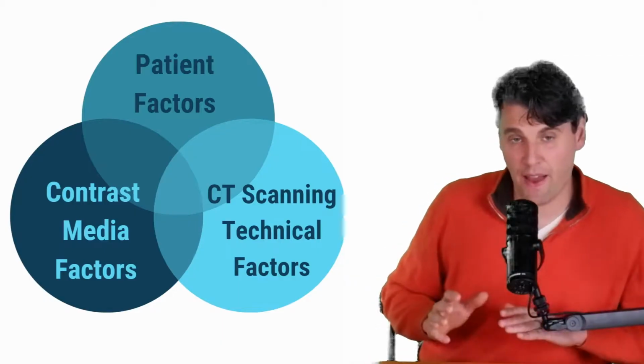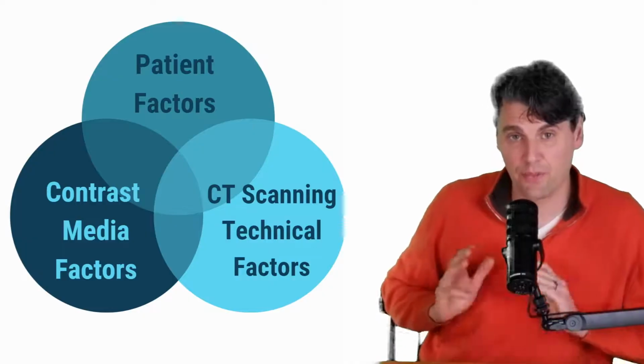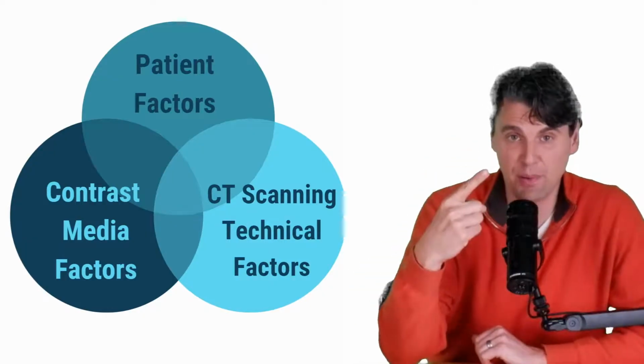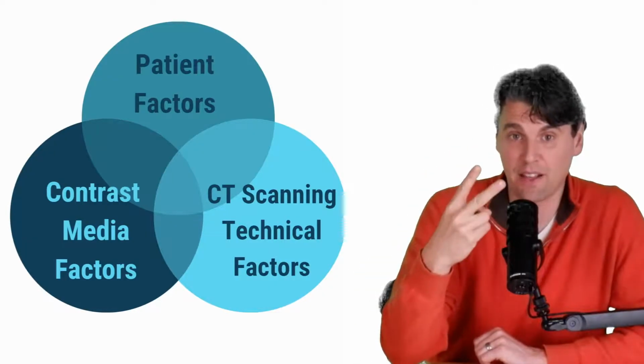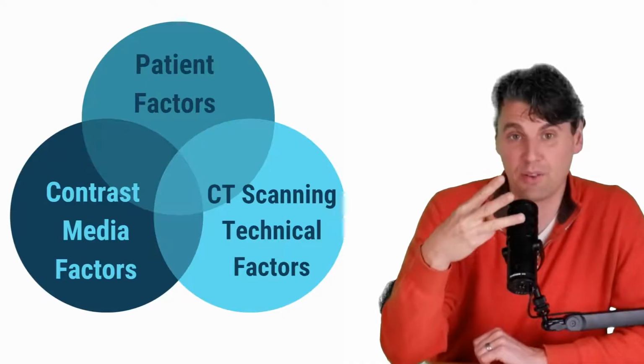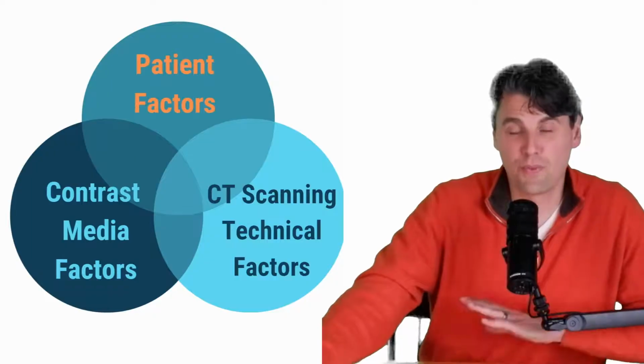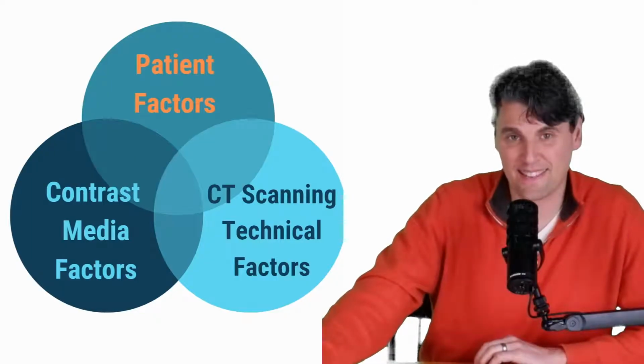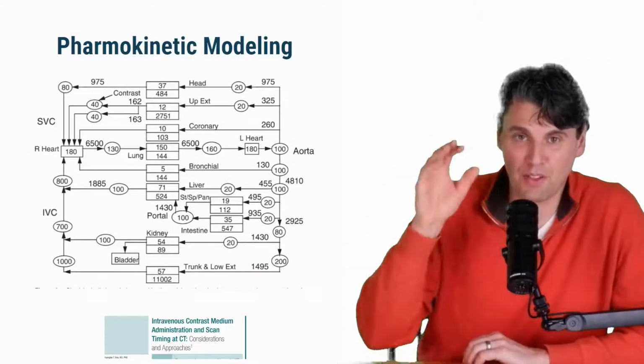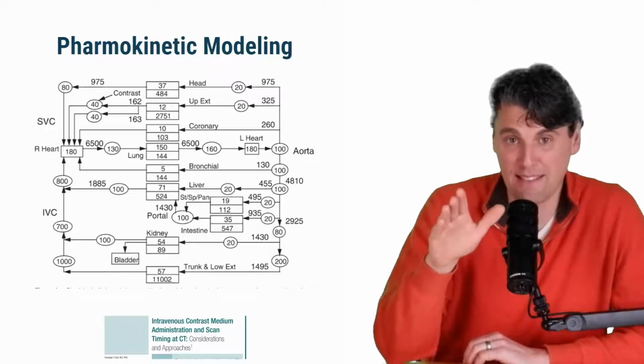Then the actual factors can be separated into a few categories: the patient-specific factors, factors related to the contrast media, and factors related to the CT scanner. We're going to go through those one by one. So first off, the patient-specific factors. I'm going to have several plots from this great paper from K-Tai Bay.